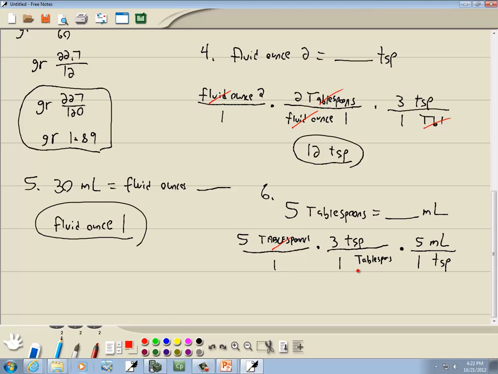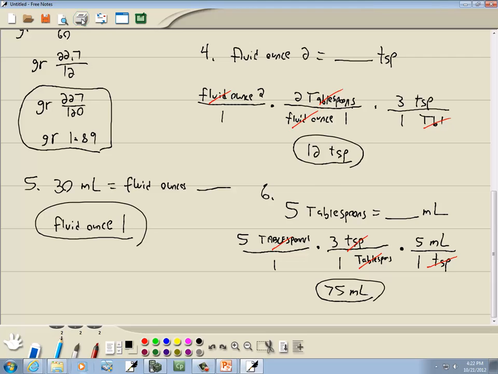So tablespoons here cancels with this tablespoons. Teaspoons here cancels with this teaspoons. Again, one's on top, one's on the bottom, you can cancel them. Well, 5 times 5 is 25, times 3 is 75. So we got 75 milliliters. 1 times 1 times 1 drops way down below.